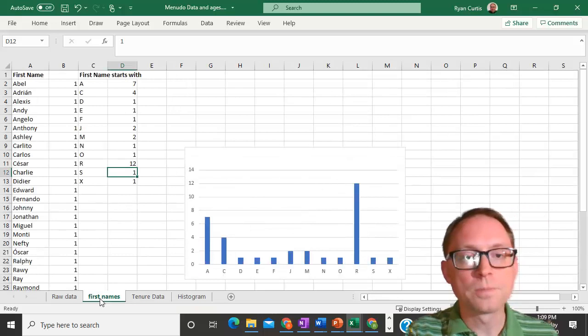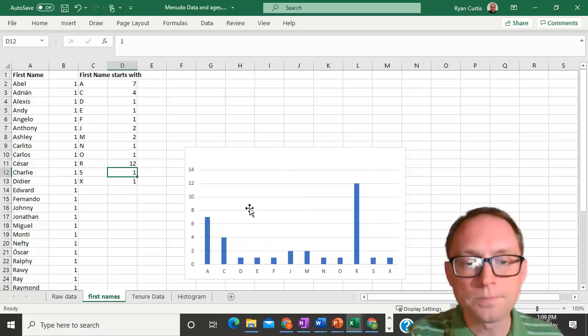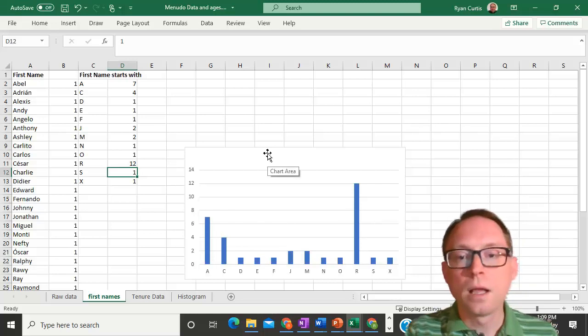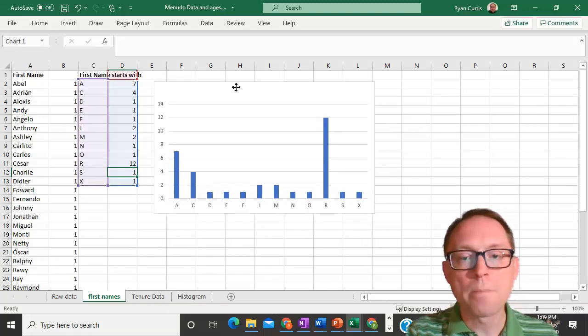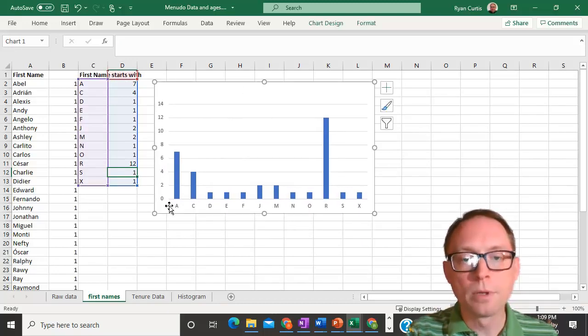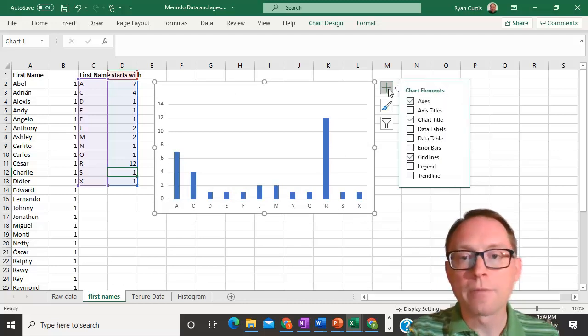So here's some data that I've got about first names. I noticed that there's a lot of differences in the first names. This is still menudo stuff. What you've got here is the charted amount of people whose first names start with these letters. Let me say that again. In fact, we'll even show you the axis title so that you can see it.